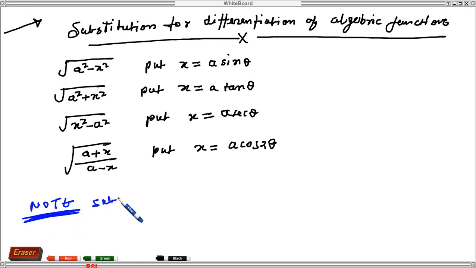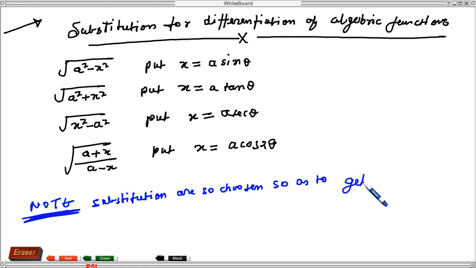Note: substitutions are so chosen as to get rid of radicals.